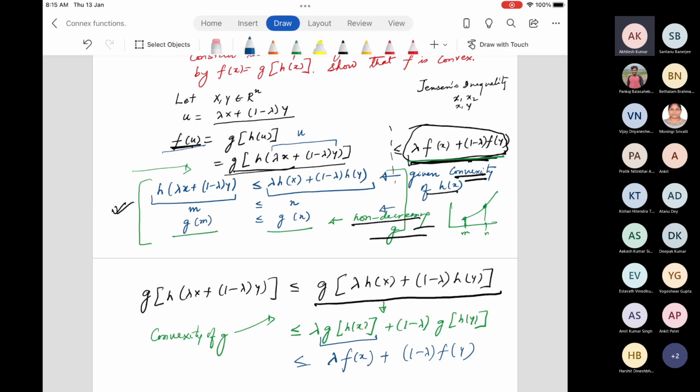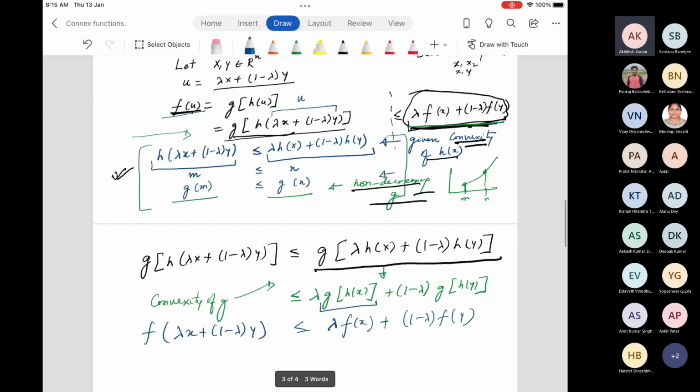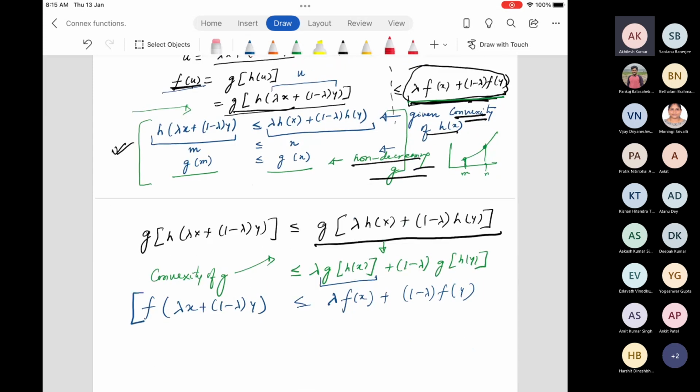On the right-hand side we have f of lambda x plus 1 minus lambda y, which is nothing but Jensen's inequality. And thus we can say f(x) is convex.